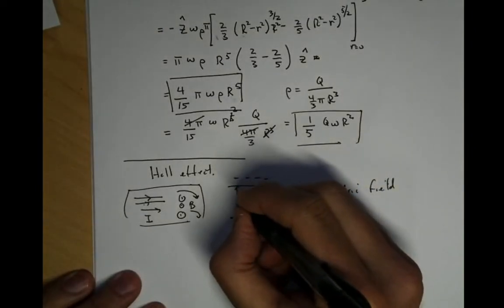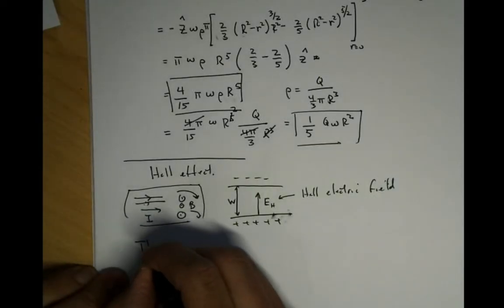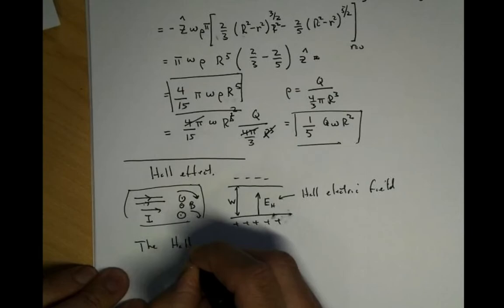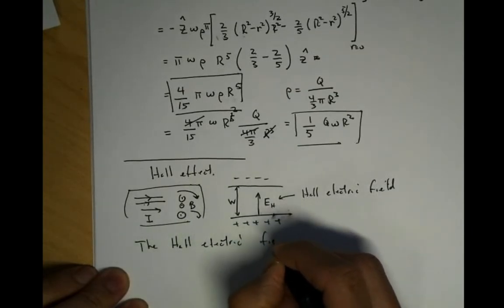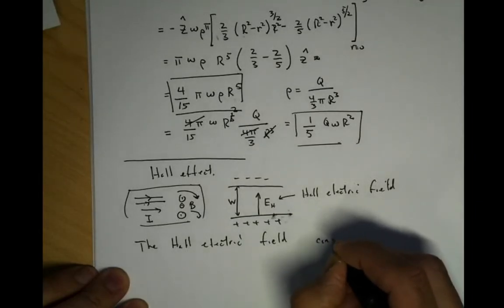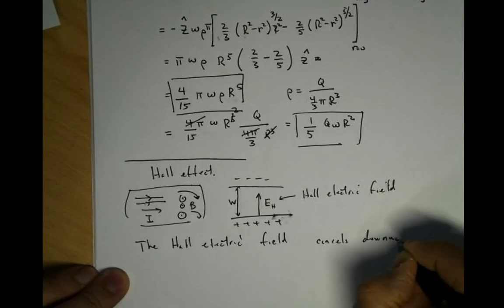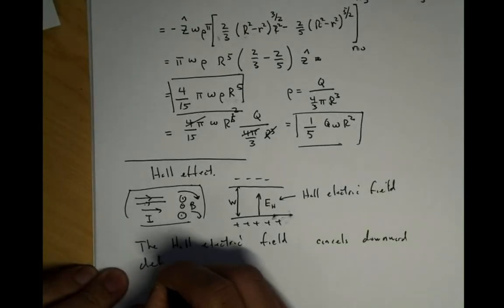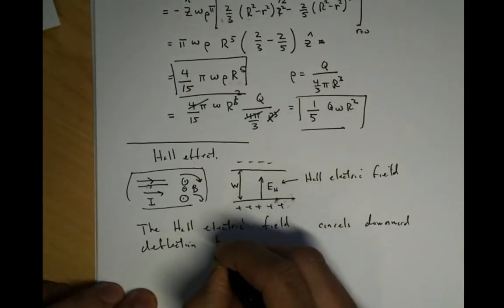And if this certain thing is W, the Hall electric field cancels the downward deflection by the magnetic field.